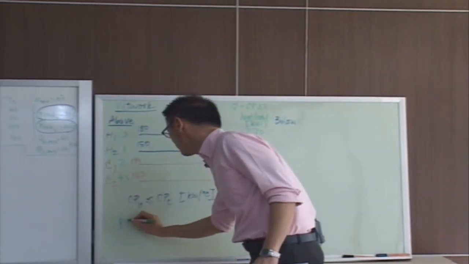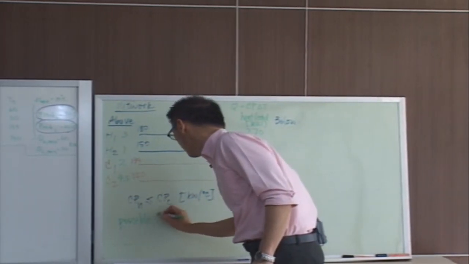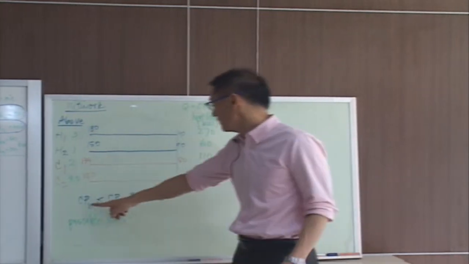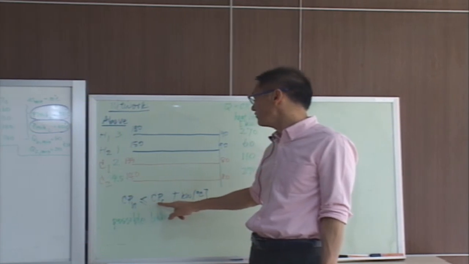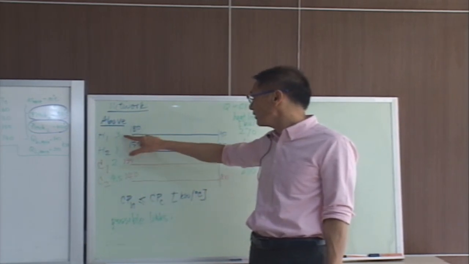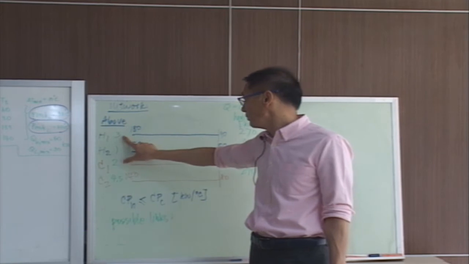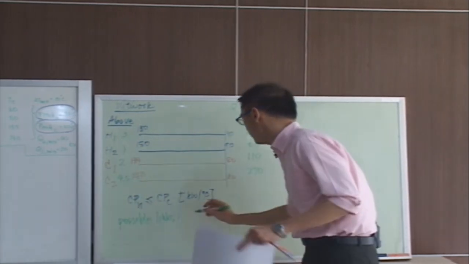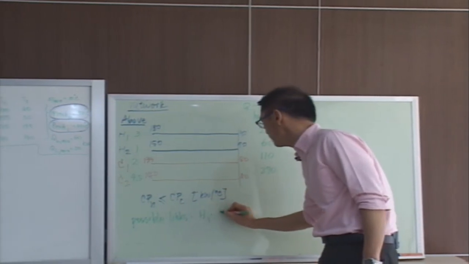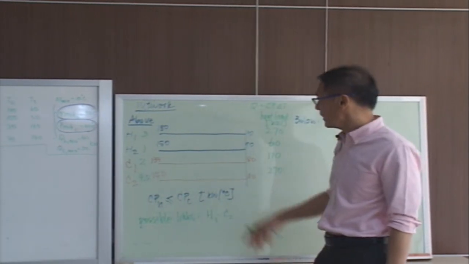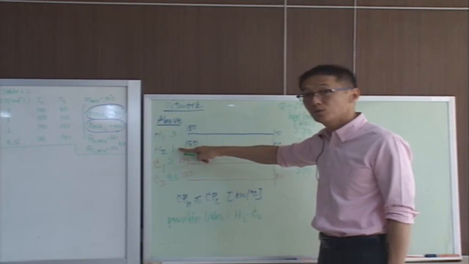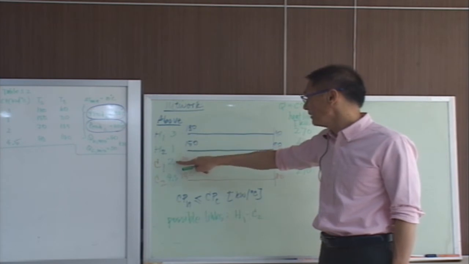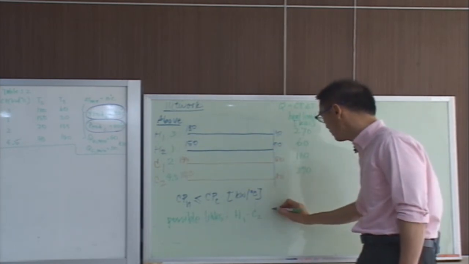So the possible link would be Cp hot less than or equal to Cp cold. So can we consider that? The possible ones would be from that to this. So I write down H1 to C2 and the other one is H2 to C1, because Cp hot is less than Cp cold.